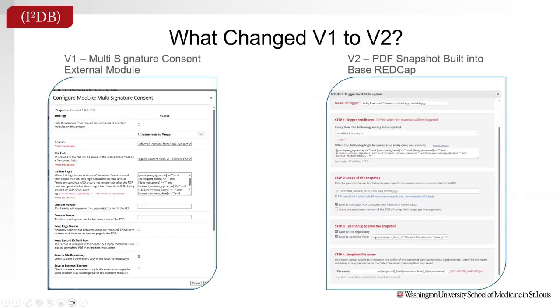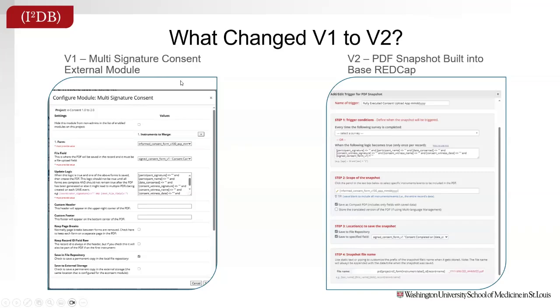Okay, so what changed from V1 to V2? There are more changes in the background, but the big one for us as WashU e-consent users, if we're using this process, is that the tool that was used to allow us to send the fully executed consent with both signatures of the study team member and the participant was the multi-signature consent external module.